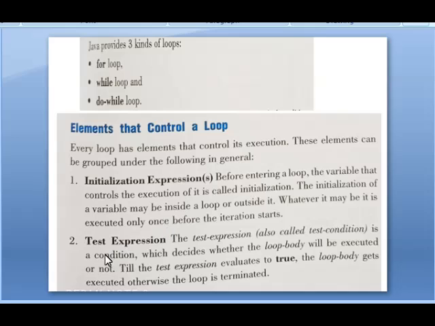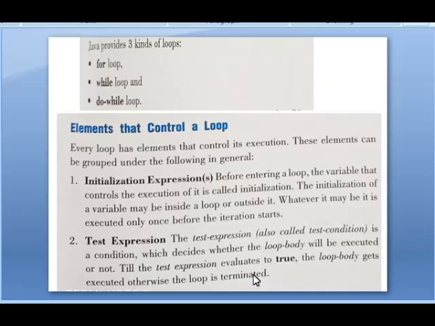The next one is the test expression. The test expression, also called the test condition, is a condition which decides whether the loop body will be executed or not. Till the test expression evaluates to true, the loop body gets executed, otherwise the loop is terminated.